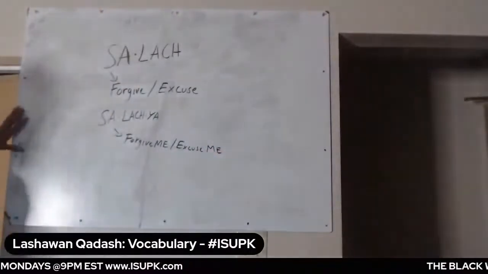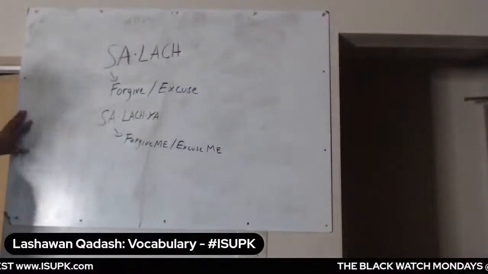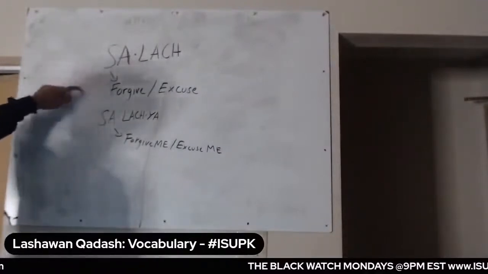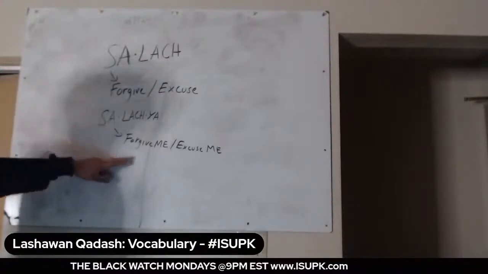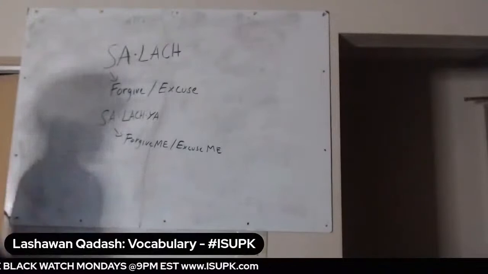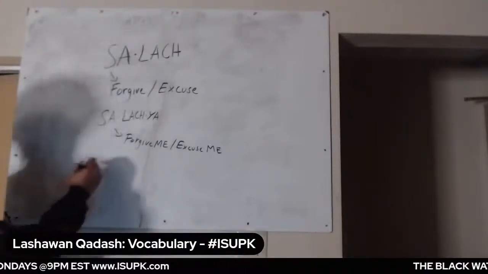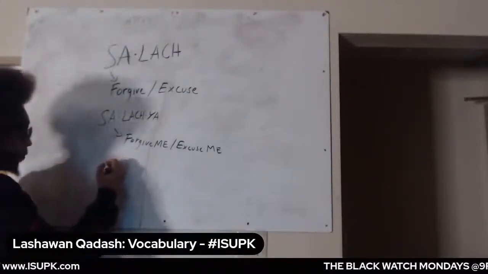So you see the difference, right? Salak means forgive or excuse. Salakia means forgive me or excuse me. Now, this right here is not Hebrew.